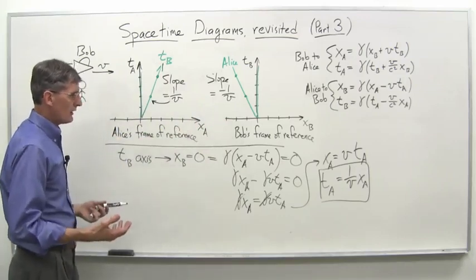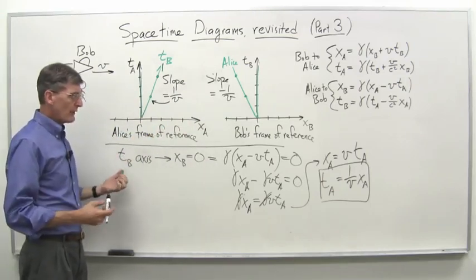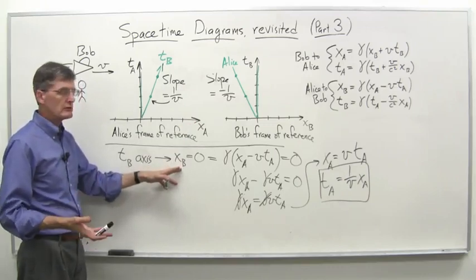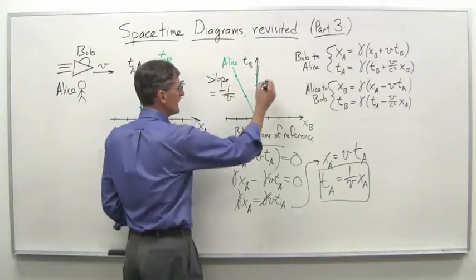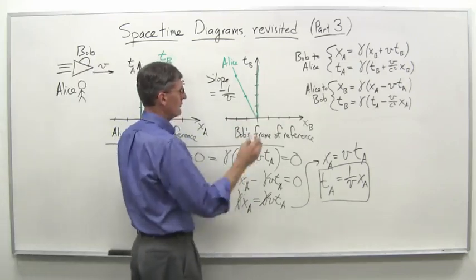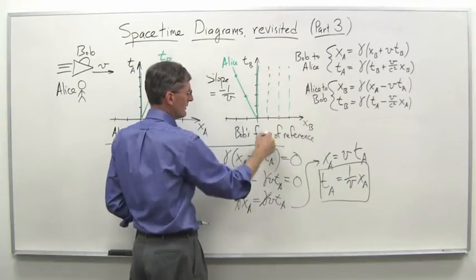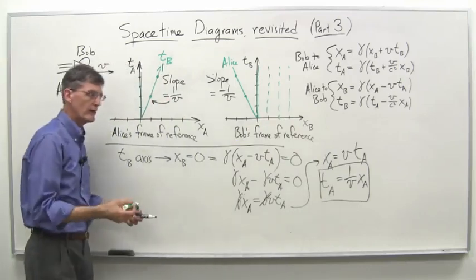You also might say, before we go on to the x-axis, xb equals 0 is a line of same location. What about other lines of same location? Over here, lines of same location are in green. That's xb equals 1, 2, 3, and so on, or 1.5, whatever you want.